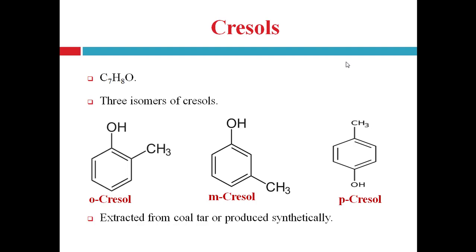And paracresol is the compound in which the methyl group and hydroxyl group are present at the 1, 4 position to each other, right? So according to the relative position of these two groups, hydroxyl group and methyl group, cresols have three different isomers, orthocresol, metacresol and paracresol, right?